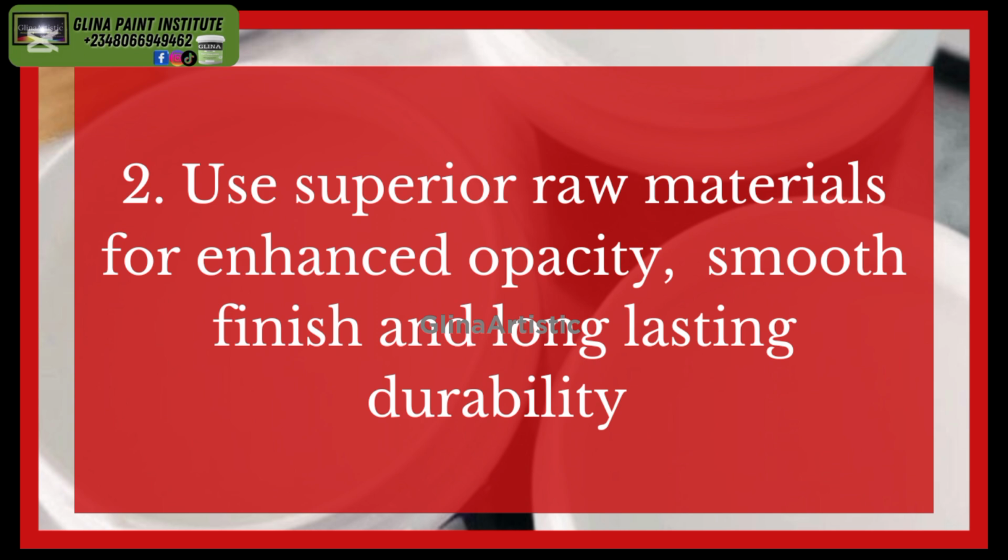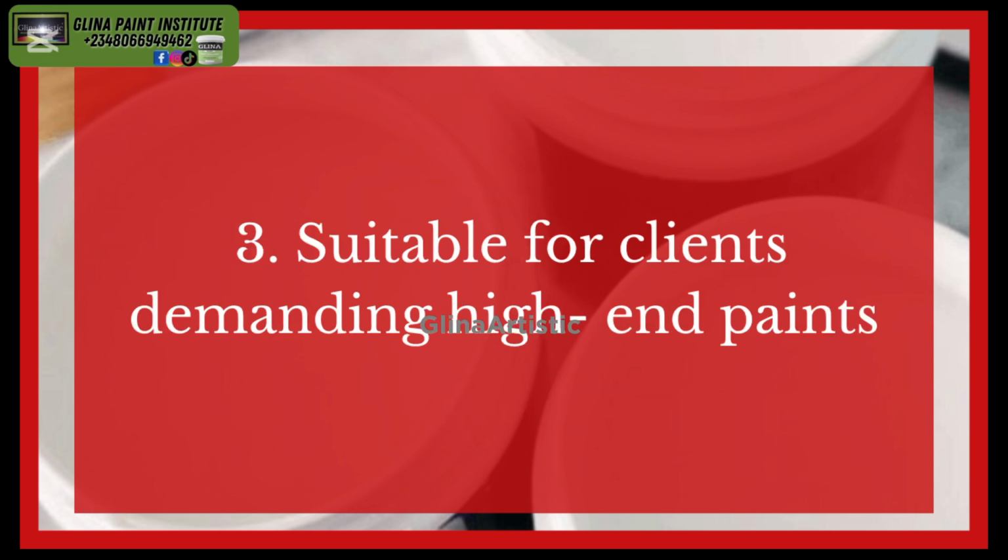Opacity is the coverage on the wall, smooth finishing is the outlook on the wall, and then the production process itself, because the purchase formula has its own production process, different from the market formula. There are techniques you use in the production process of these products, because even if you stress yourself, you know you're going to make the money. Am I clear? Then we also talk about number three, suitable for clients and demanding high-end users.